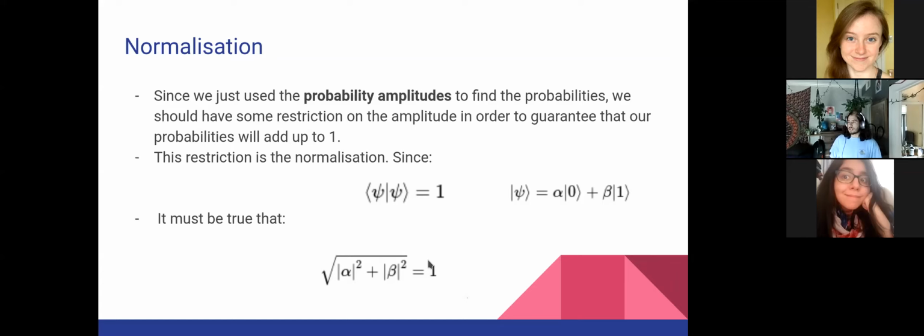Which allows us to have negative probability amplitudes, and it allows us to have probability amplitudes that themselves do not add up to 1. But when we make sure that the square root of the absolute value squared of each of these probability amplitudes is equal to 1, it guarantees us that our probabilities will add up to 1, right?